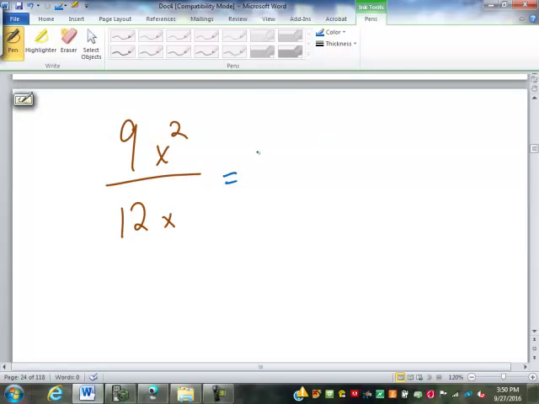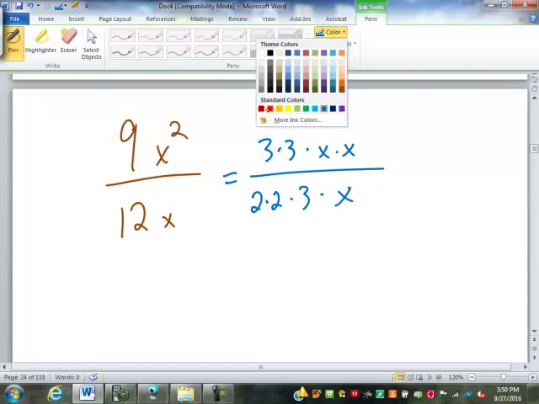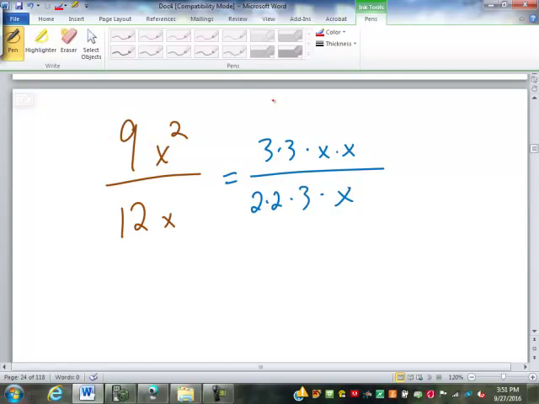We're going to factor this out. 9 is 3 times 3 times x times x. 12 is 2 times 2 times 3. Then we have the x. What cancels out here? A 3 cancels out. Anything else? One of the x's.